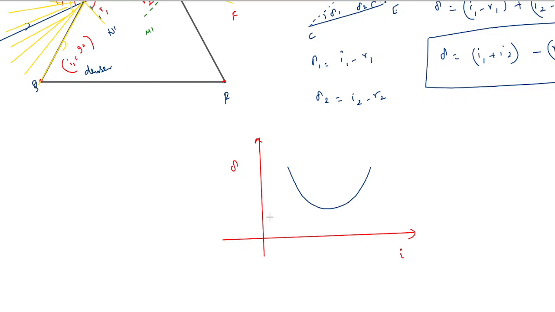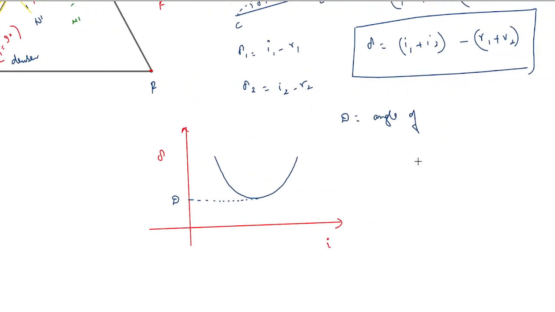That is, at one point the deviation is minimum, and that is called capital D. Capital D is called the angle of minimum deviation. Some books write this as delta minimum.